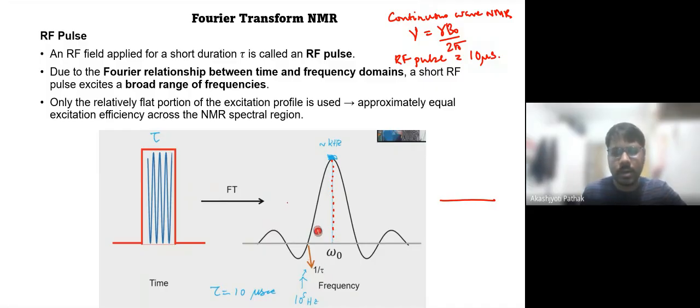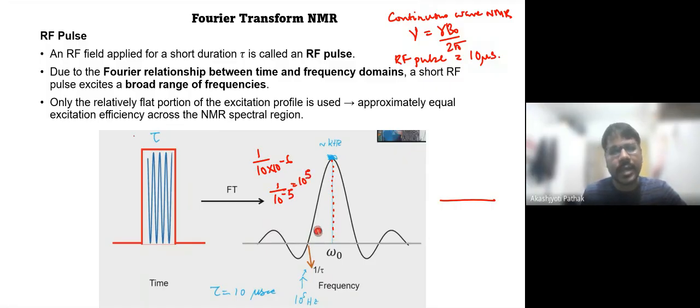So basically, if you are applying 10 microseconds and want to convert it into frequency, then 10 microseconds is 10 into 10 to the power minus 6 seconds. So it will be 1 by 10 to the power minus 5, which is 10 to the power 5, right?